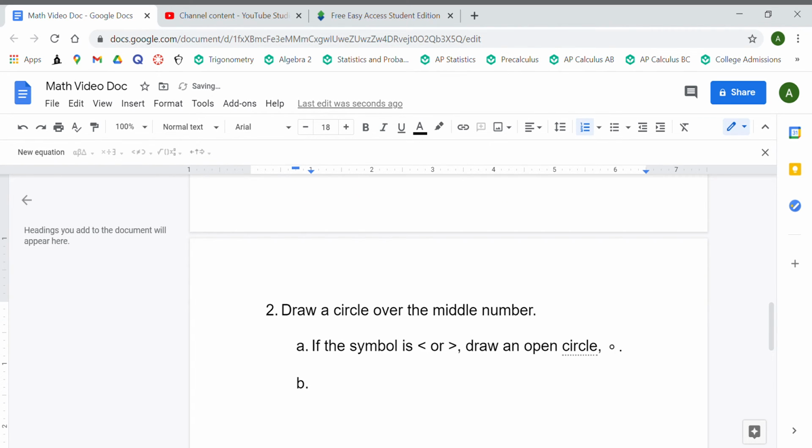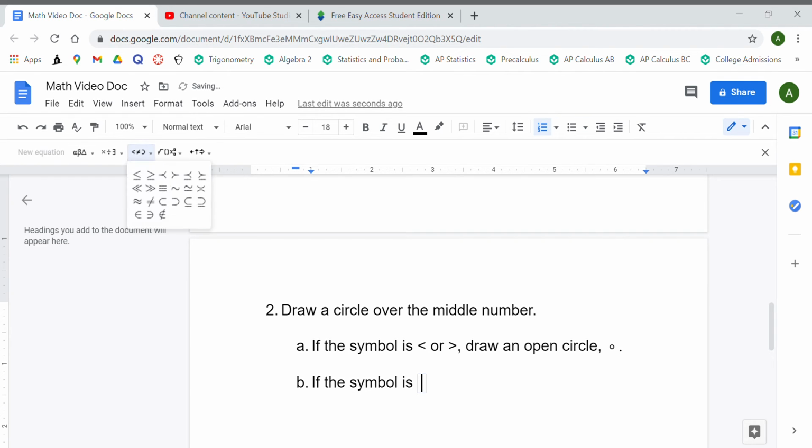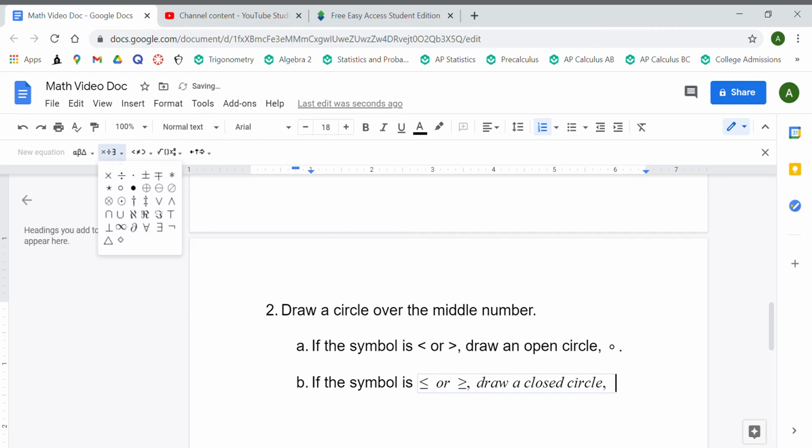Then, if the symbol is less than or equal to, or greater than or equal to, draw a closed circle. That would be this.